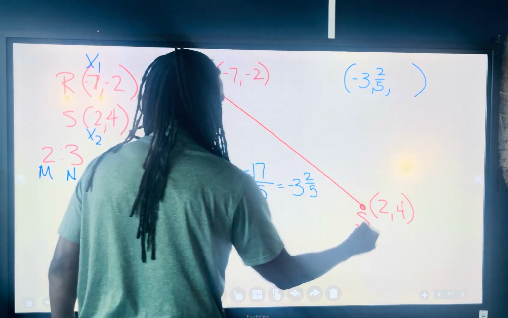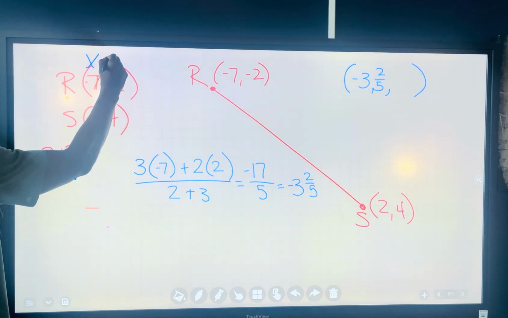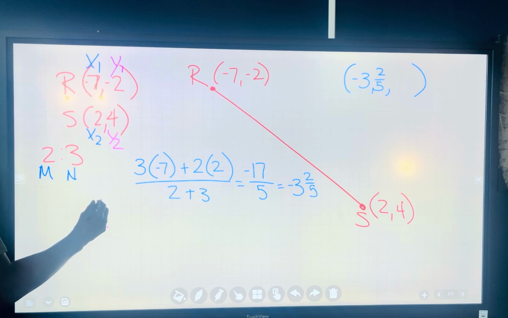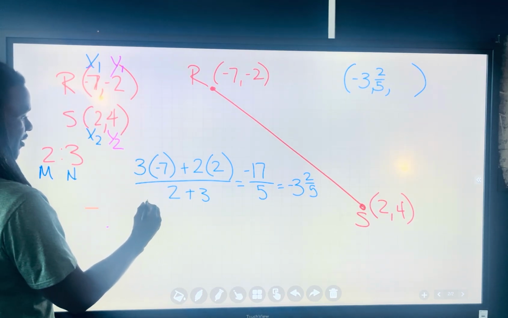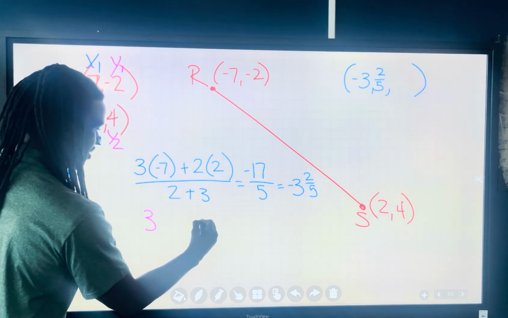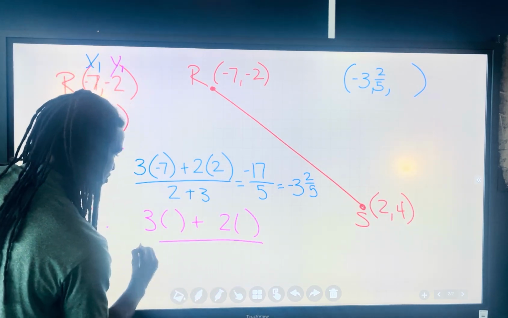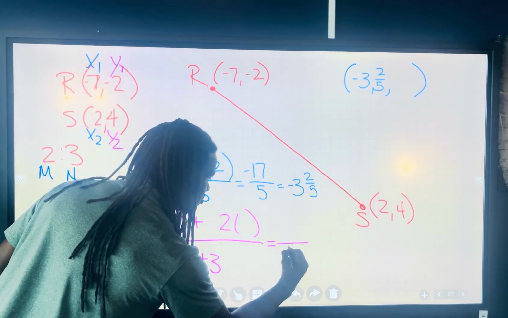And the Y, make the Y green. Going to the Y, you said purple, right? So here's your Y1, here's your Y2 for the Y values. Once again, you can put the 3 and the 2 there because you know those got to go there. Then you put that same 2 plus 3 on the bottom because you got to add those up.